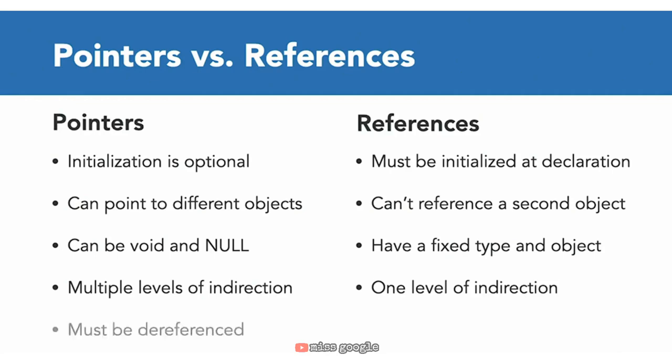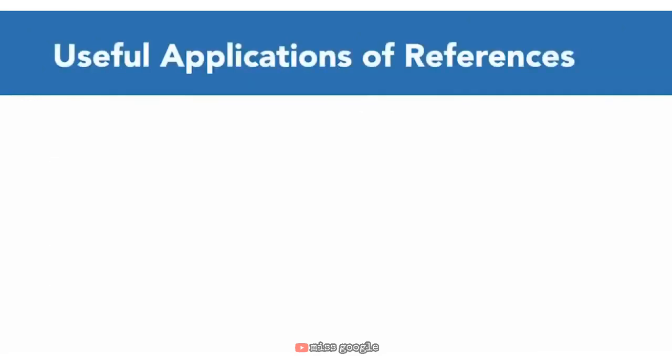And lastly, pointers must be dereferenced when you want to access the data. And there's no need for dereferencing a reference because it's simply an alias, another name for a variable. So, based on these differences, you may conclude that pointers are more powerful than references, but references may be safer than pointers.